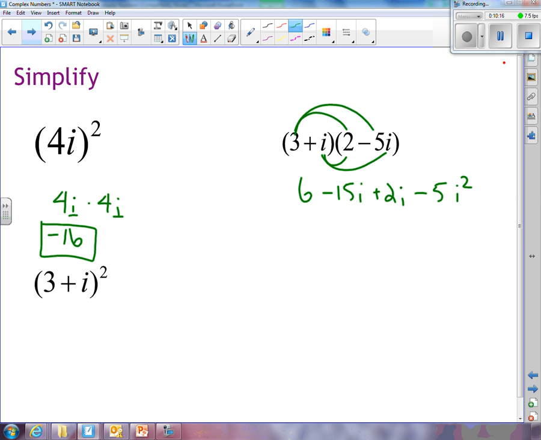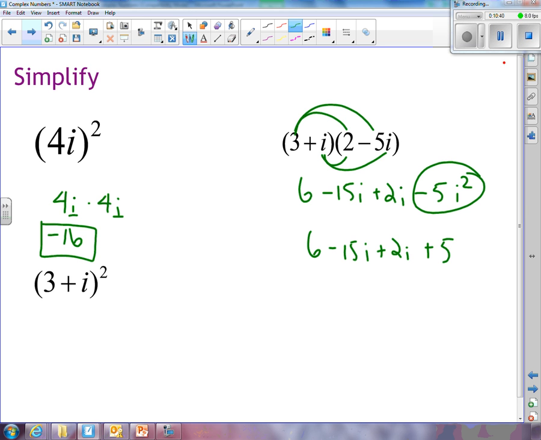Now here's the part where I'm going to use complex numbers that makes this a little bit different from regular foiling with polynomials. So here i squared is equal to negative 1. So this term becomes plus 5 instead. So I have 6 minus 15i plus 2i plus 5 instead of minus 5i squared. If you're able to simplify this all in one step, go ahead.